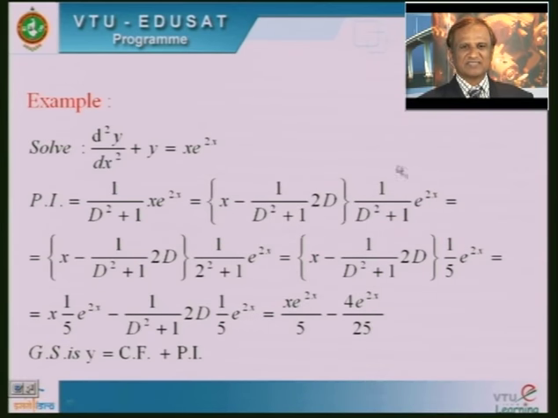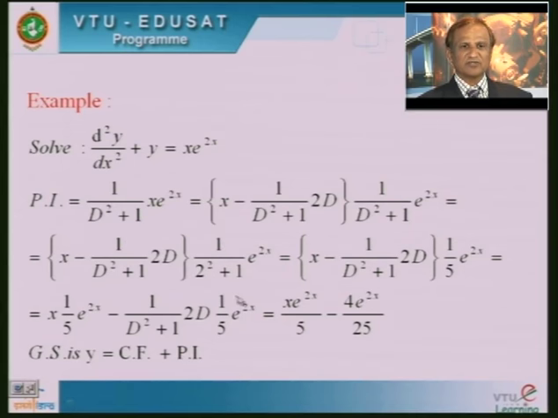Now I want to find the particular integral of this term. I observe this function is of the exponential type, namely e to the power 2x. So I will write this part as it is: x minus 1 divided by d square plus 1 into 2D.